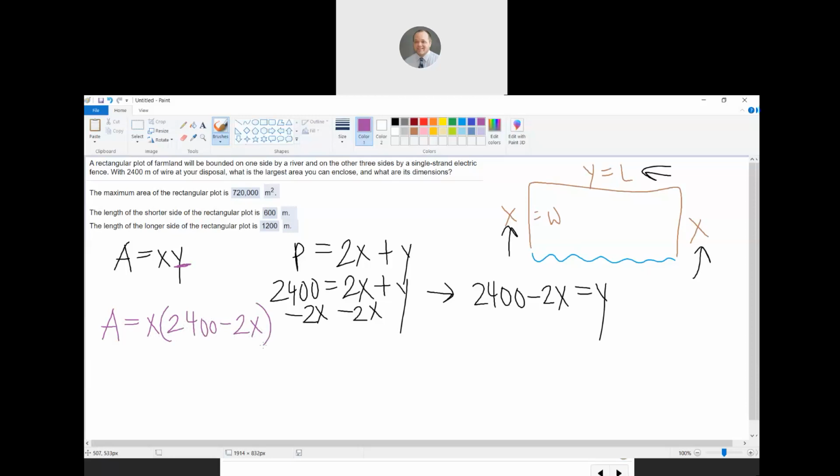Again, we have keywords like maximum and largest, so that means we need to find our first derivative and also critical point or points. But before we find the first derivative, we have to distribute that x. I'm actually going to rewrite the terms after I distribute the x. So x times 2,400 is 2,400x, and x times negative 2x is negative 2x squared.